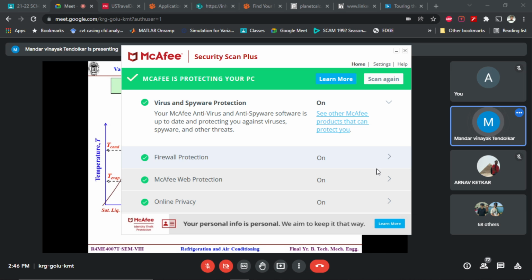So the Carnot heat interaction minus the VCC heat interaction will be a positive value. I hope you agree. Yes, sir. So this is called the throttling loss. That is your area A2.